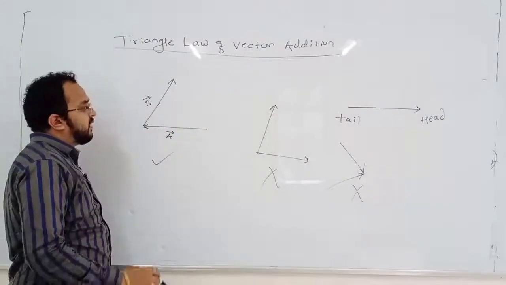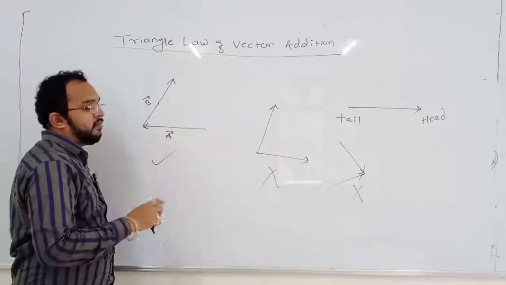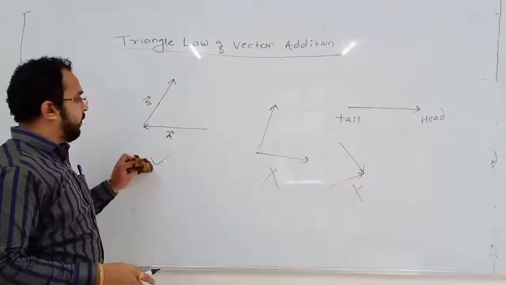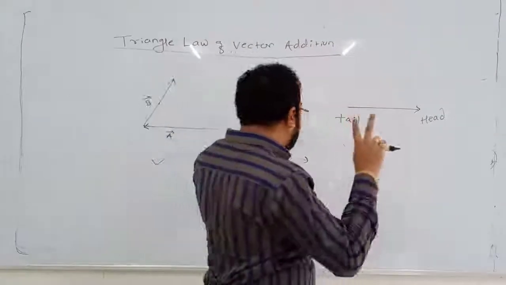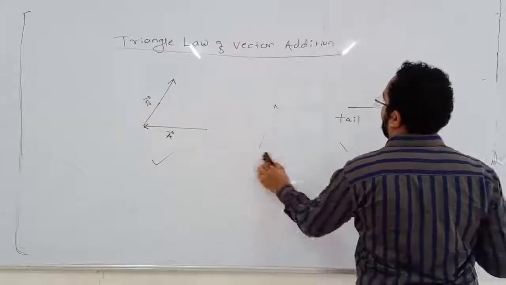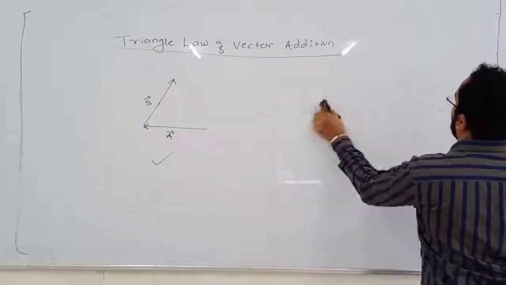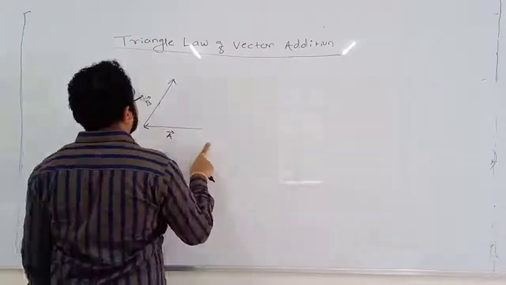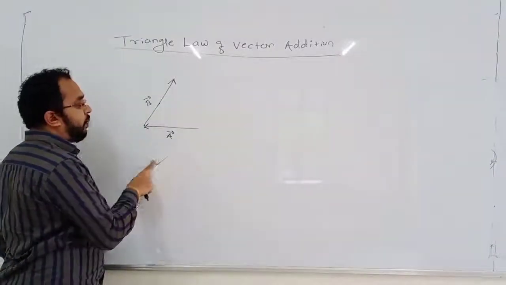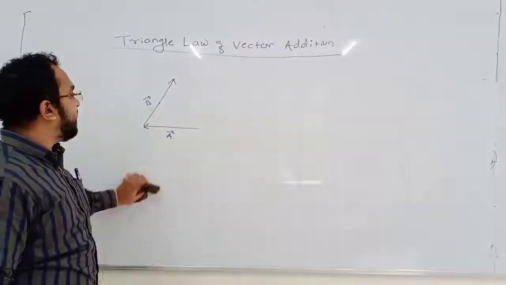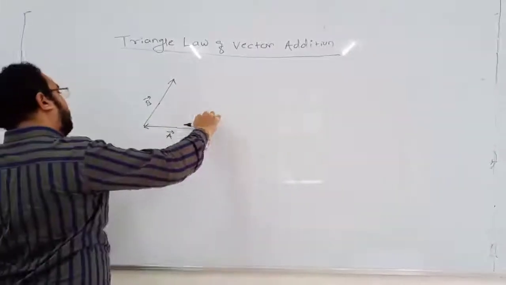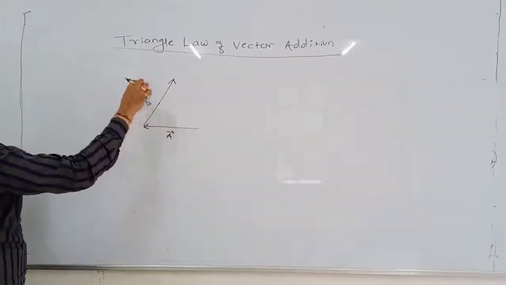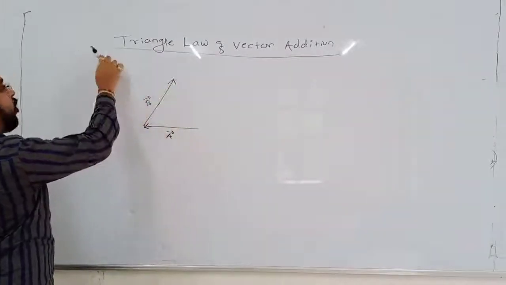Okay. So two vectors in magnitude and direction represent two sides of a triangle. If they represent two sides of a triangle, then their resultant will be the third side. The resultant will be the third side in opposite sense. In opposite sense म्हणजे बघा, हे कसे चालेल? Clockwise. Clockwise as a clock moves.